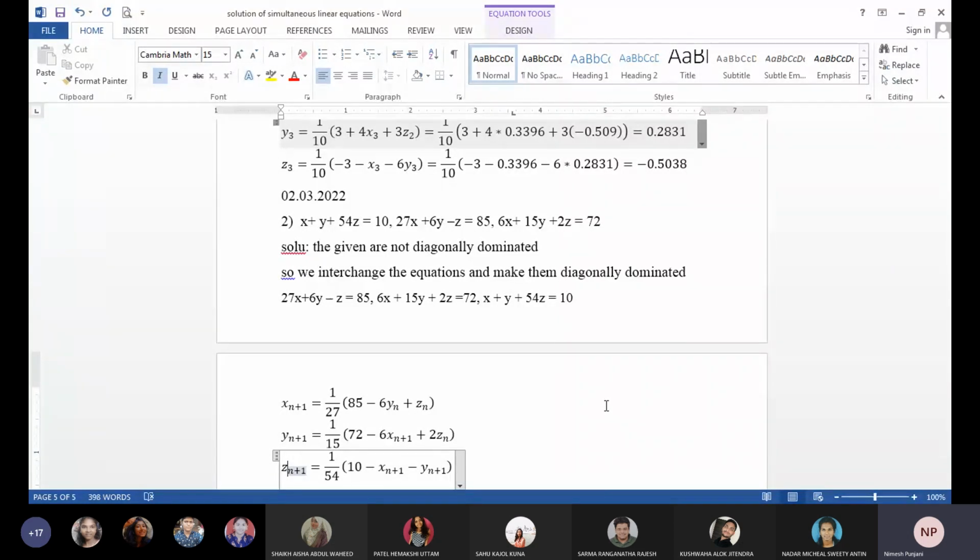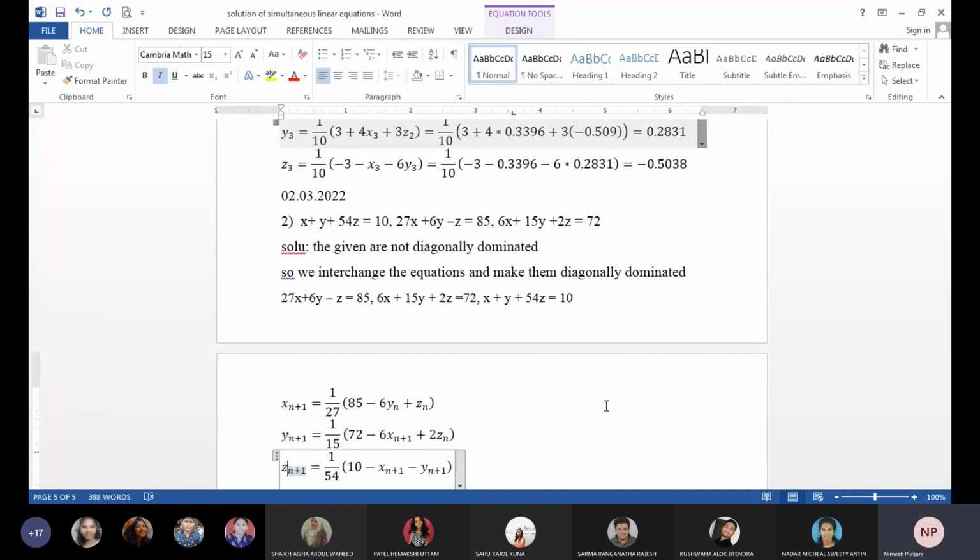It is one and the same thing, because when you're talking about matrix, that matrix also will be related to your equation systems only. So first is we will interchange the equations and make them diagonally dominated. And जब calculation के लिए use करना है तो जो diagonally dominated वाला system है वो use करना है, original system use नहीं करना है. If you don't check the condition of diagonal dominance, and if you solve directly, your answers will go wrong.